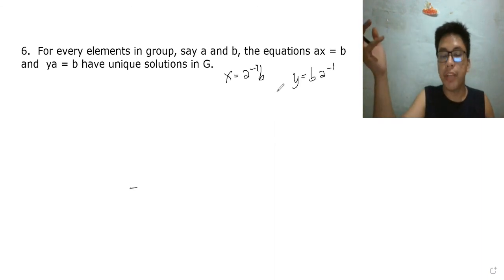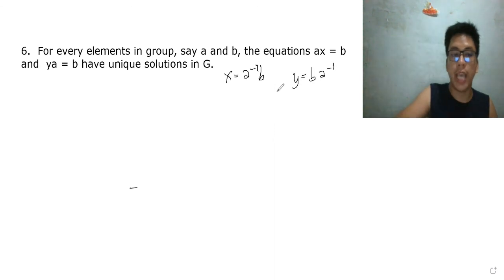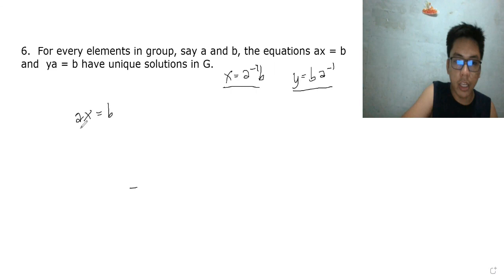For every element in a group, say you have A and B, the equations AX equals B and YA equals B have unique solutions in G. So that means you would have this one, and you would have this one correspondingly. I'm going to prove that AX equals B has a unique solution. Remember that X, I can write as EX. And EX, that's the identity.